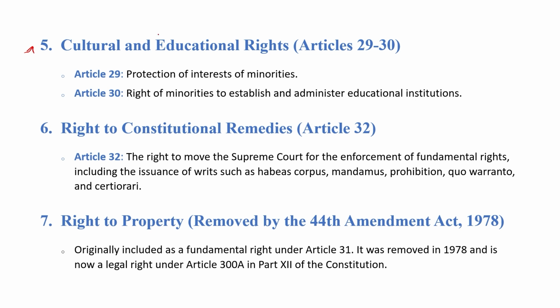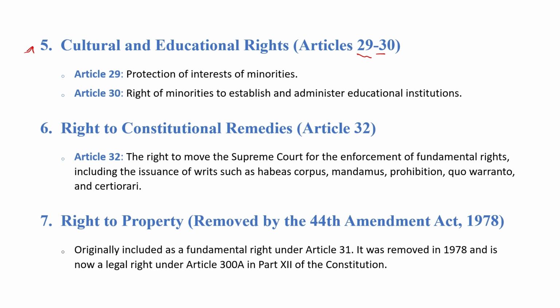Fifth is our cultural and educational right, Article 29 and Article 30. So basically, Article 29 to 30 explain the cultural and educational right. What does Article 29 say? Article 29 is protection of interest of minorities. So it provides the protection of interest of minorities. Article 30, right of minorities to establish and administer educational institutions.